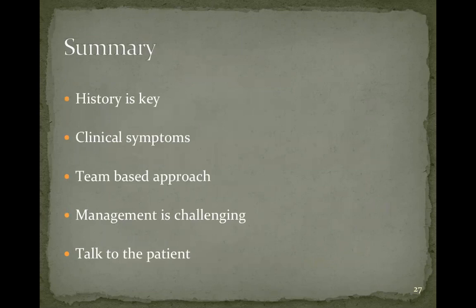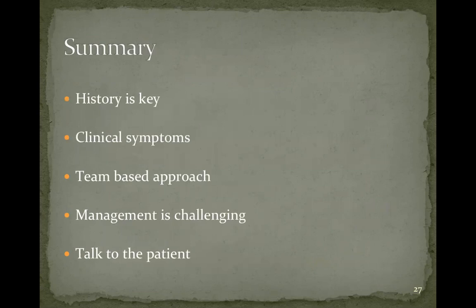So in summary, when you're thinking about cardiorenal syndrome and you're evaluating a patient in our hospital, the history is key. Make sure you talk to the patient, make sure you understand what's going on, make sure you understand their comorbidities, make sure you understand their medical history, as this will give you a good gauge to see what kind of cardiorenal syndrome you're dealing with.